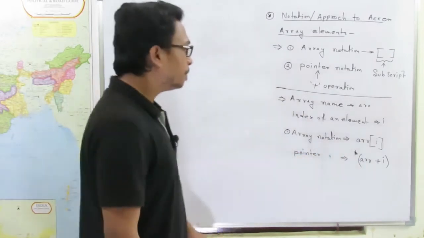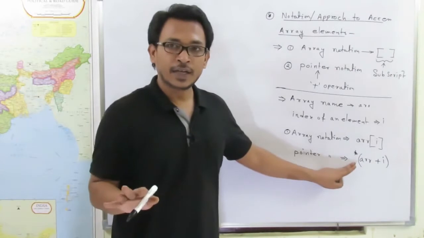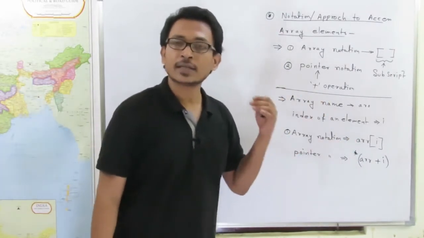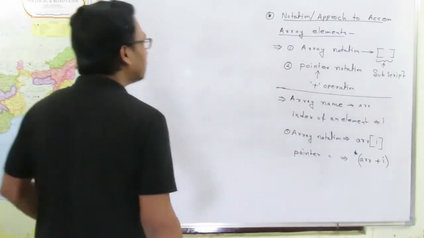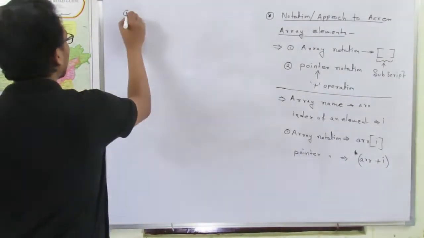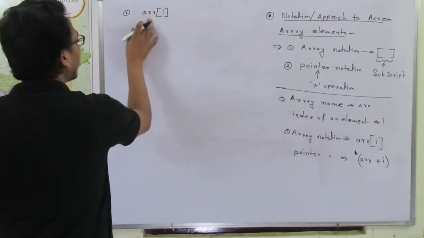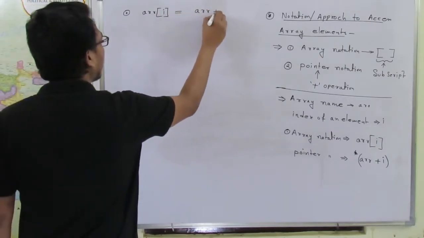Clear? So these two notations are equivalent. We can use any of these two notations to access any element from any particular index. Clear? That means ARR[I], this is our array index, is equivalent to *(ARR plus I).